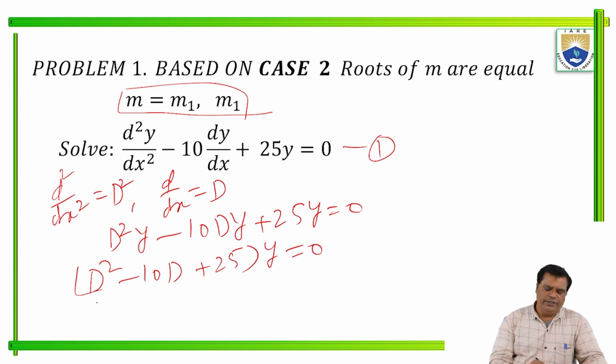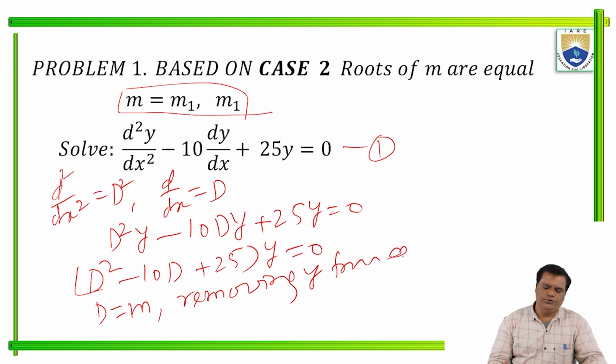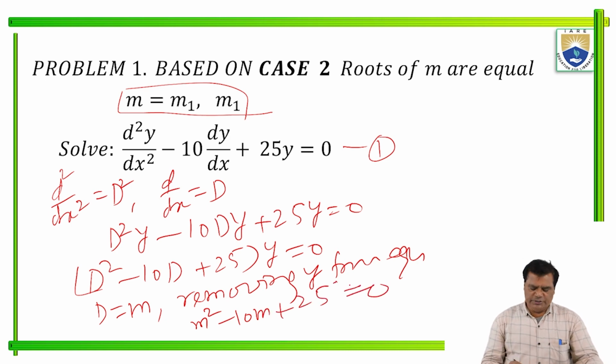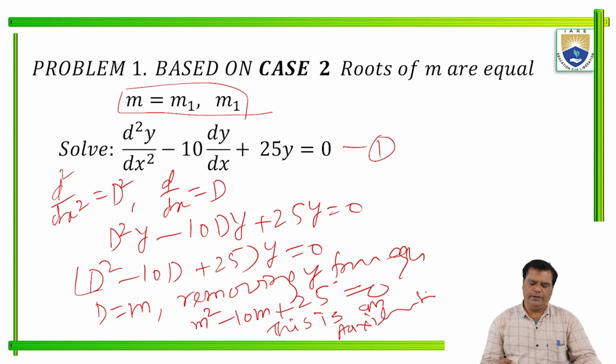So putting D equal to m and removing y from the equation, here m² - 10m + 25 = 0. This is the auxiliary equation.